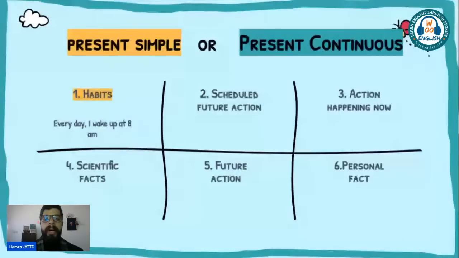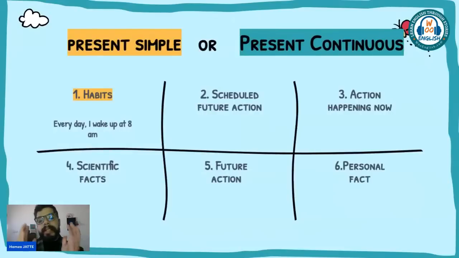Great. What about number two? Scheduled future action. And by scheduled, I mean it follows a schedule or a time program. So an action that I know exactly the time when it will happen. For example, the time at which the flight will go, the time at which the train will arrive. These are very scheduled actions, right?